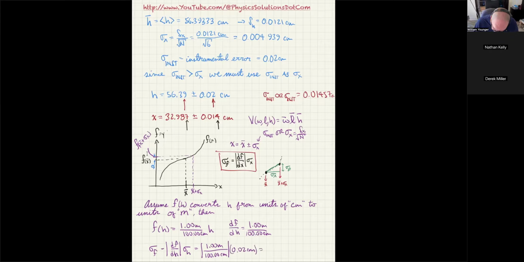So when I do that, you can see that basically what I'm going to get is 0.0002, and now that unit canceling out here, this centimeter down here canceling out with that centimeter up there, leaves the unit in meters. And I think you can see that that 0.0002 is exactly the same in meters as 0.02 is in centimeters. So hopefully that's pretty conclusive evidence that convinces you that in fact this is the appropriate way to propagate error, at least with a one variable function. Any of you have any questions on that?